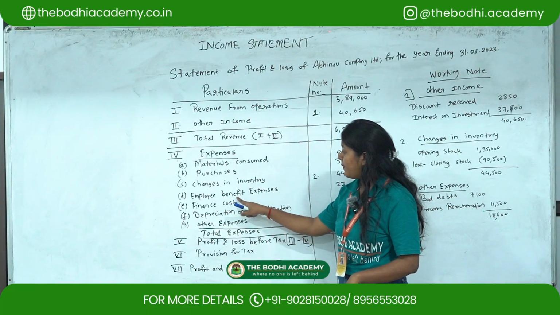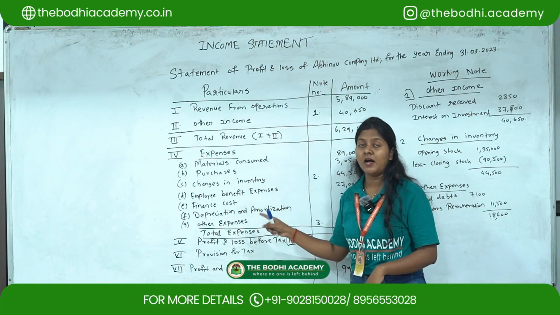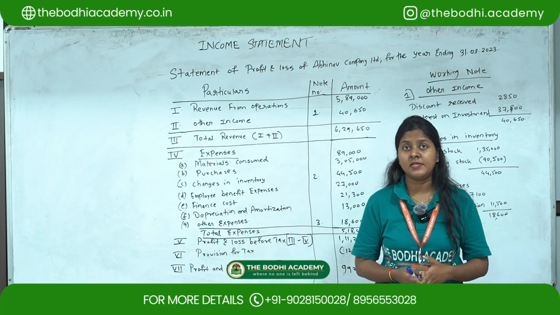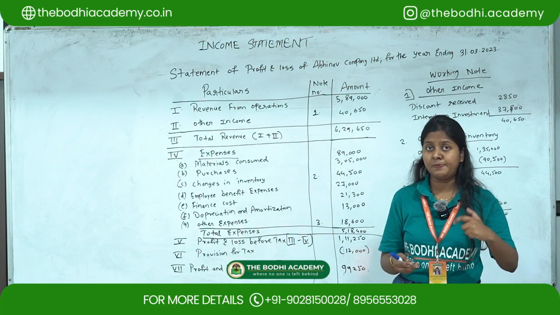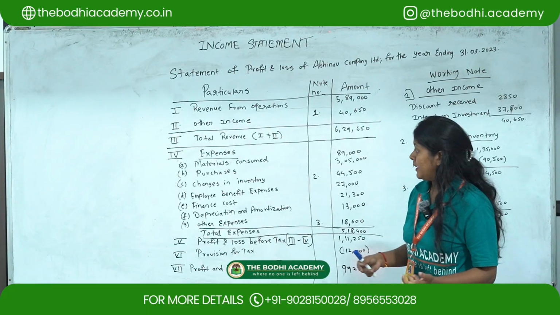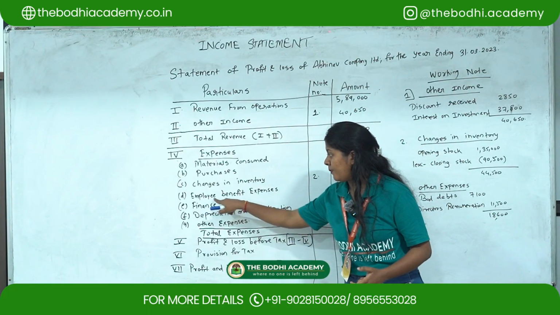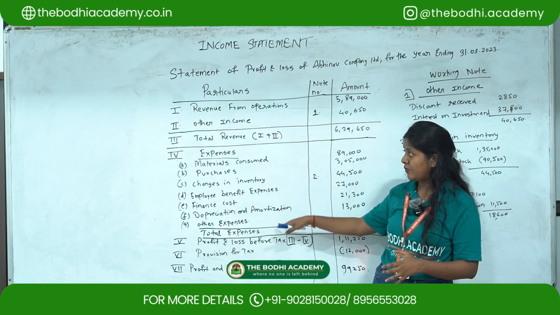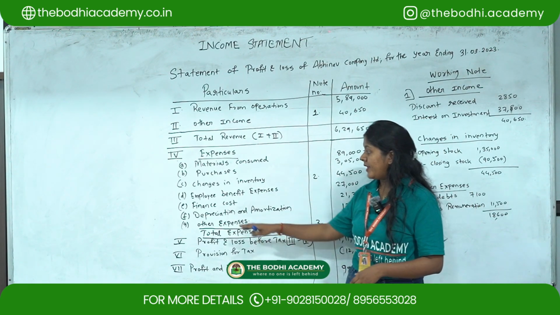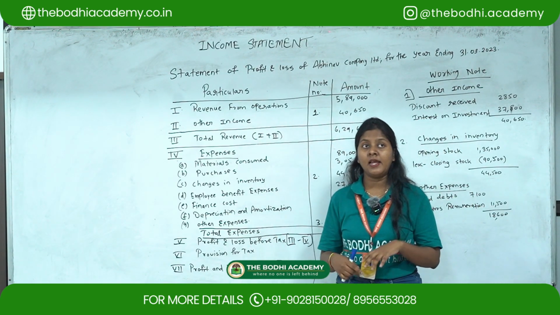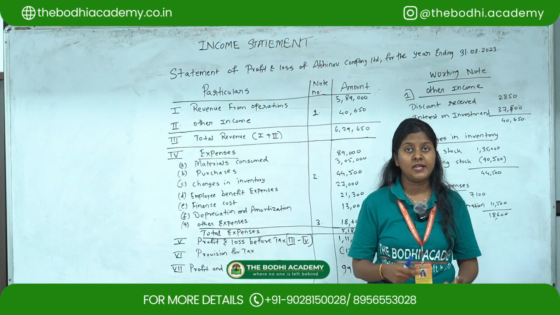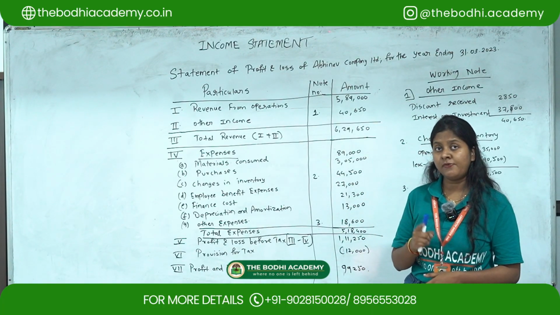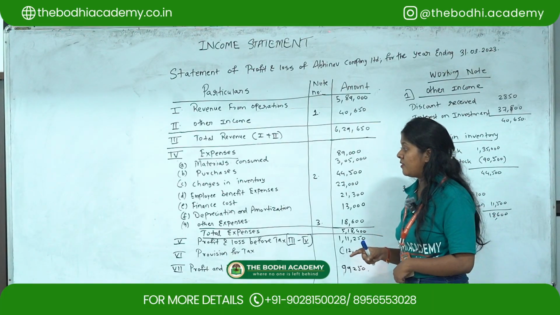Next is employee benefit expenses. Whatever bonus, washing allowances or canteen expenses are paid by the firm, you take under this head. Then finance cost includes interest a company pays, like interest on debentures or interest on borrowings, so remember the interest part.